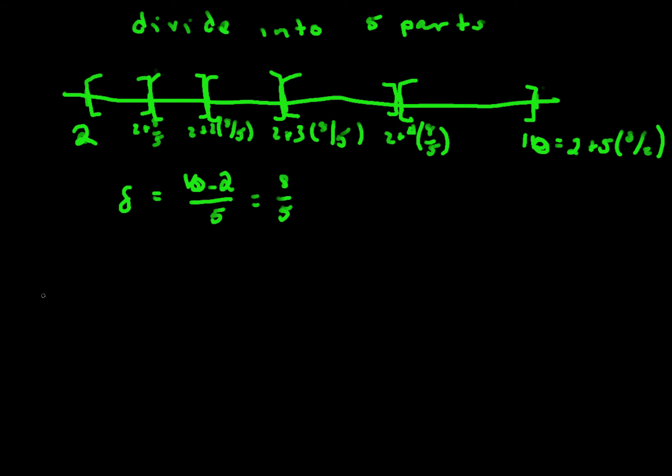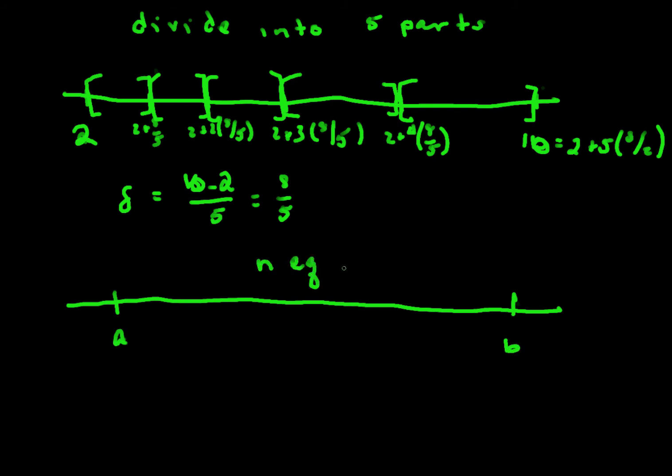So in general, if I want to take a partition, again, I'll draw it again. If I want to take an interval from A to B and divide it into n equal pieces or intervals, then my adding factor, I'm going to see my pattern here. It's 2 plus my delta, 2 plus 2 times delta.